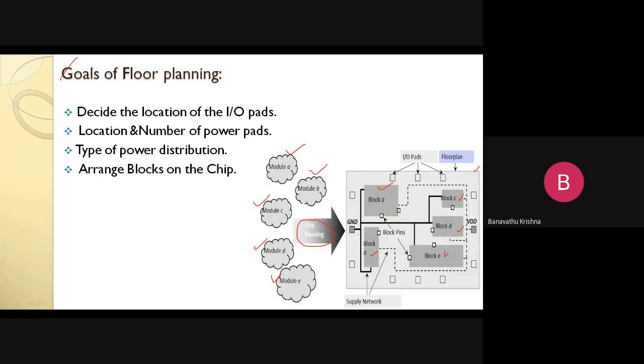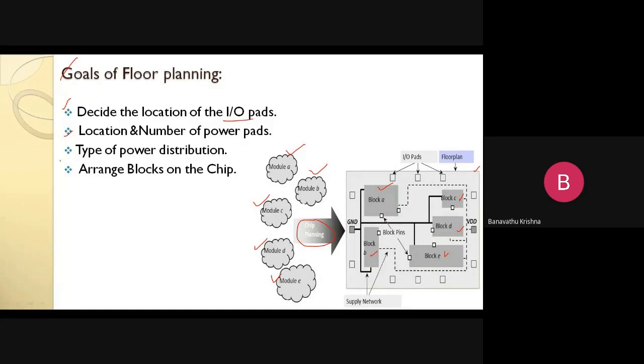Okay, the ground supply network and the VDD supply network. Here the pins act as both input pins and output pins, right? And let us come to this point here: decide the location of the IO pads, right? And then the location and number of power pads.